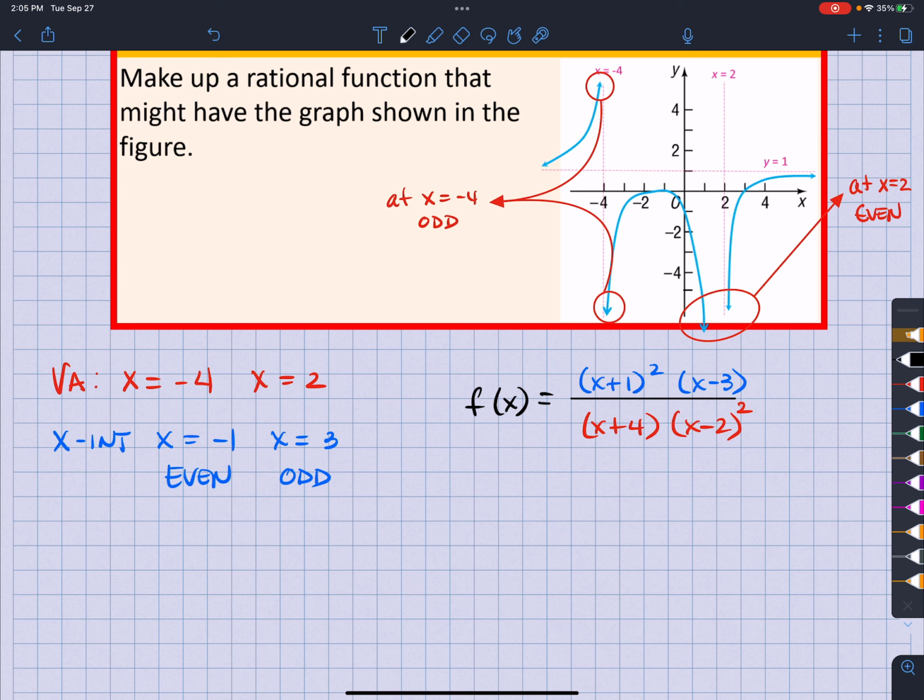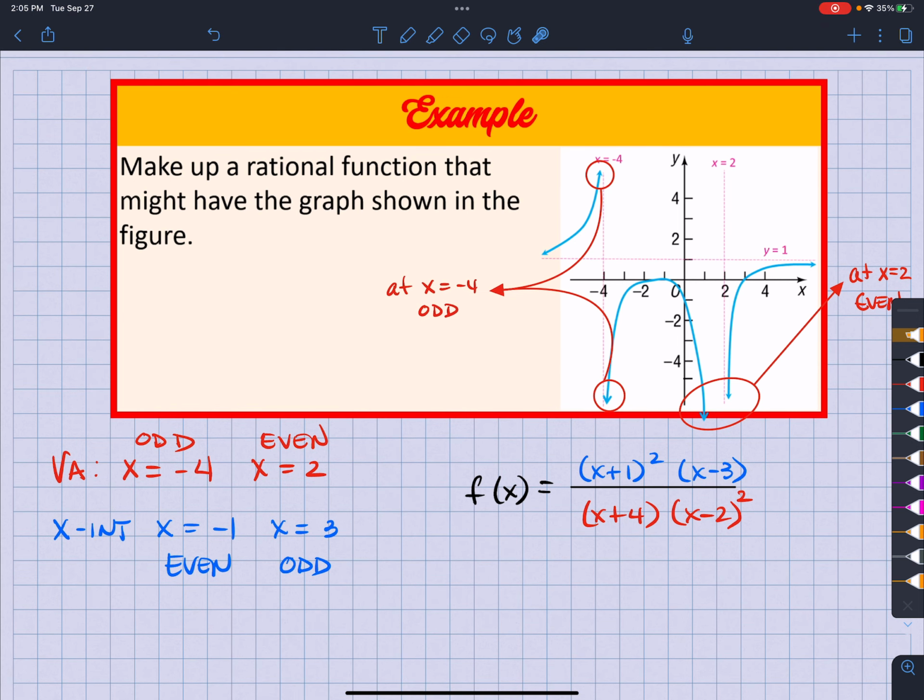But right now, the quick and dirty part of this is just to get this right. So let me see here. This was even, and this was odd. Okay? So those two will get me to a startup equation that is somewhat close to this graph. All right? I hope that helps. If there's any questions, please let me know. See ya. Bye.